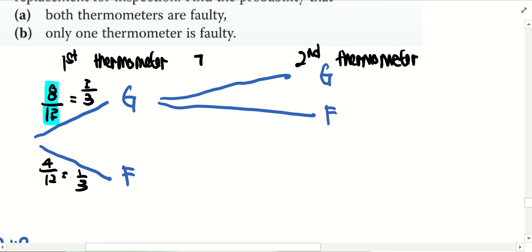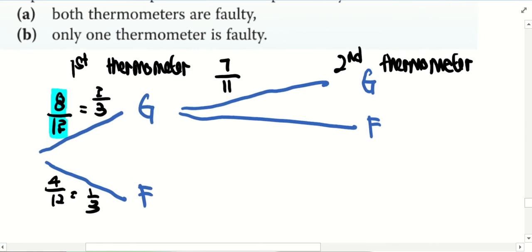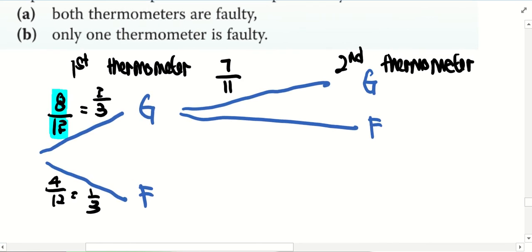Over 11, because there's always 1 thermometer taken out. 7 over 11. That's the probability that the second thermometer will be good. Then, what will be the probability the second thermometer will be faulty? Have I taken out any faulty ones? Not yet, right? So there are still 4, out of how many? 11.